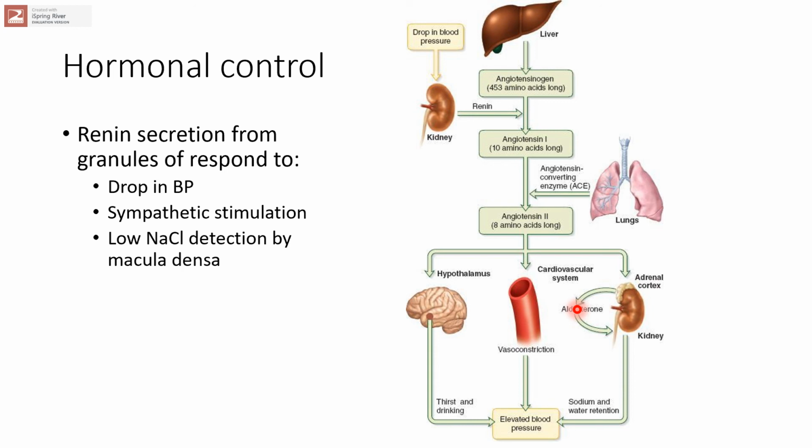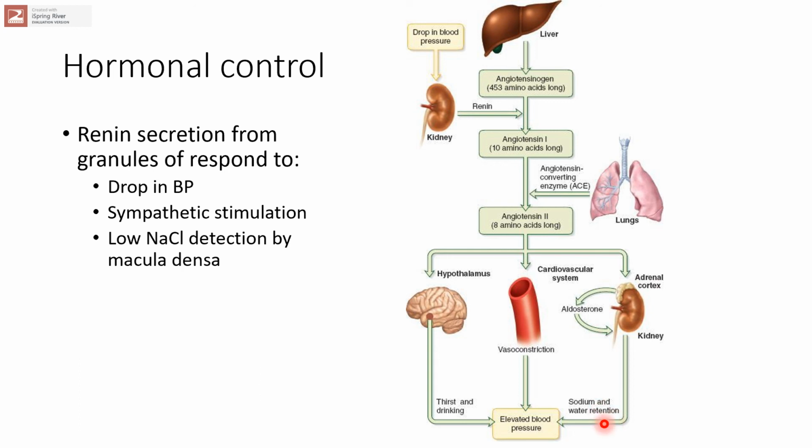And then it affects the adrenal cortex, and the adrenal cortex stimulates the release of aldosterone. And aldosterone is a sodium and water retaining hormone. So aldosterone tells the body to retain sodium, and water follows sodium.